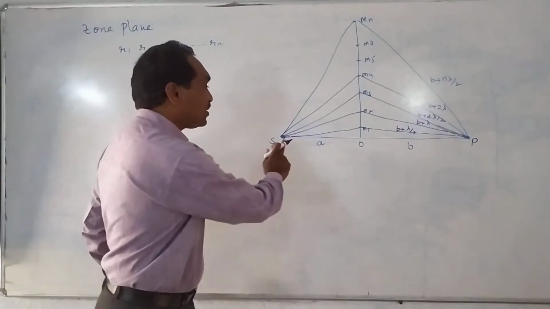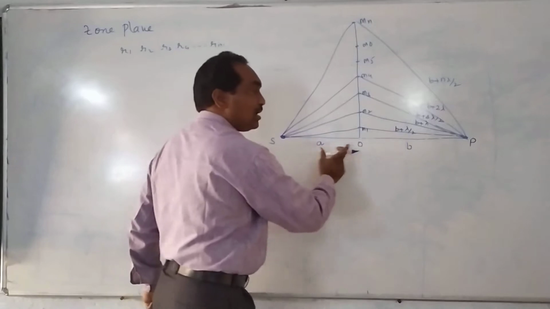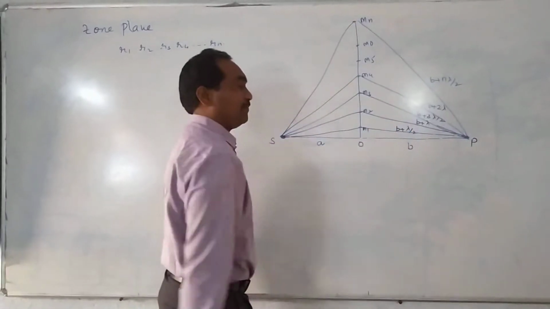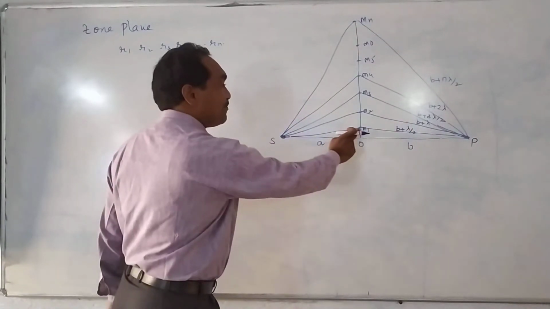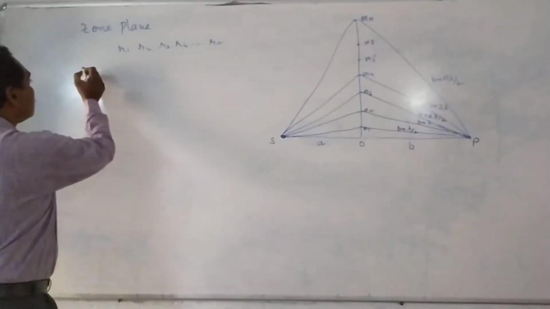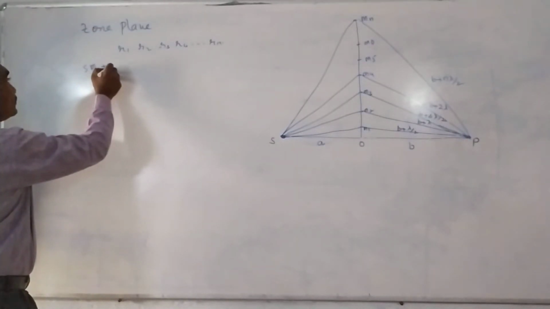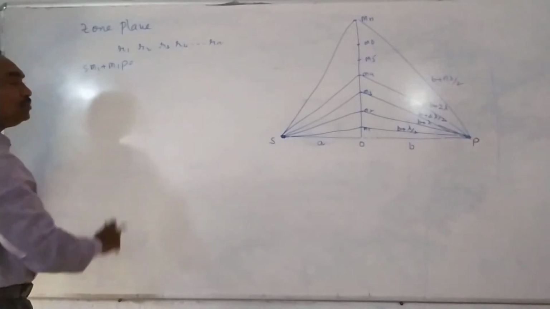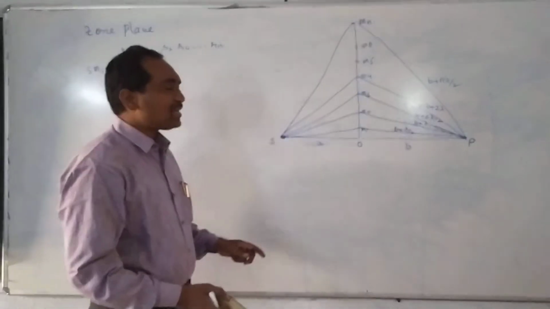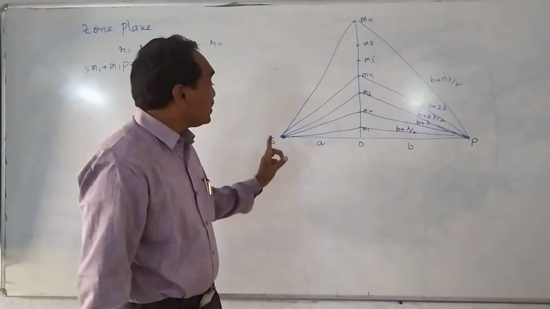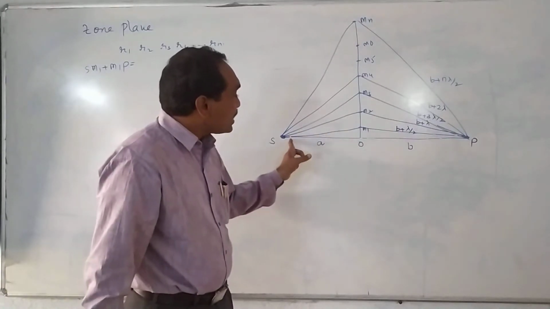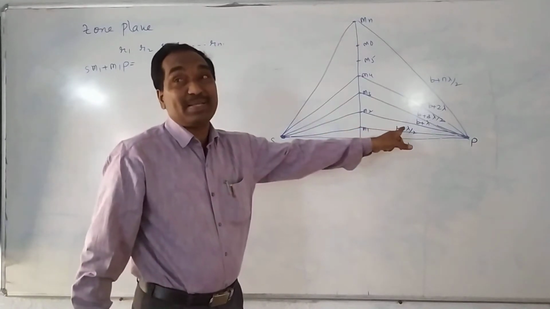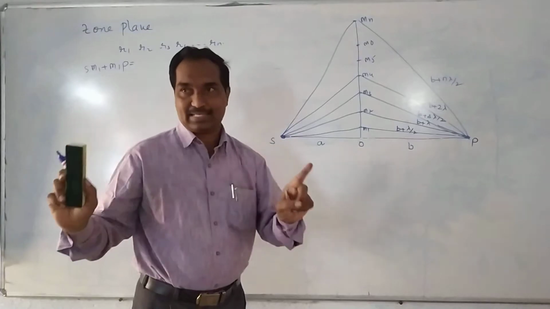Now, we observe SO is equal to a and OP is equal to b. Now, what is SM1 plus M1P? Actually, most of them are thinking that if SO is equal to a, SM1 is also taken as b plus lambda by 2, but that is not right.